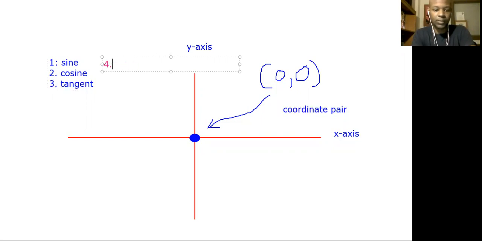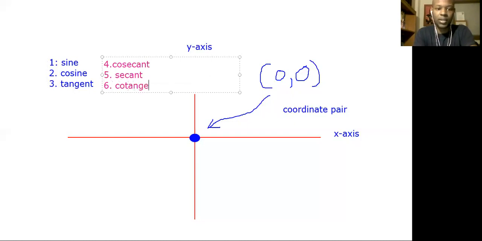Sorry. Then number 5 is secant. And then number 6 is cotangent. So we have 6 trigonometric functions. The first one is called sine. The second is cosine. Third, tangent. Fourth is cosecant. The fifth is secant. And the sixth trigonometric function is cotangent.